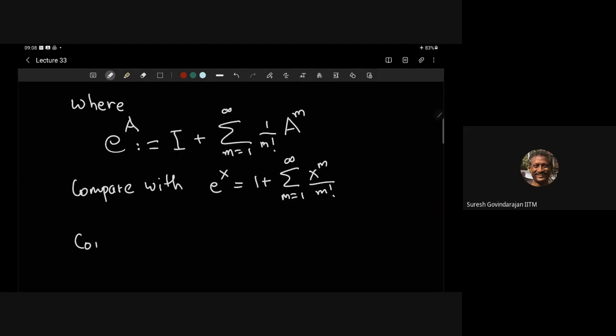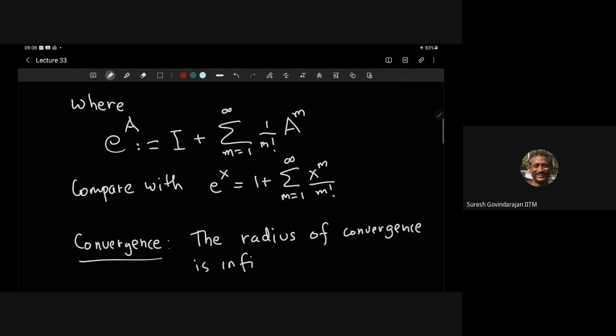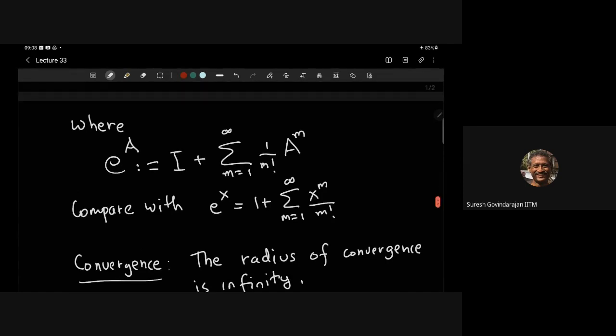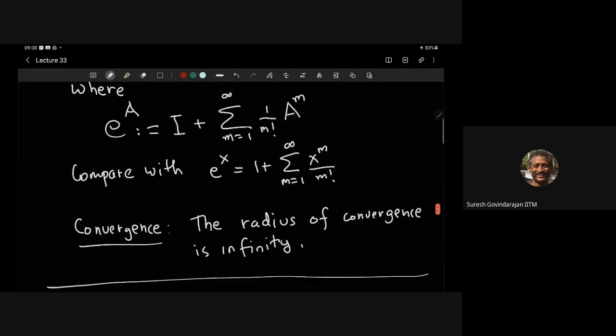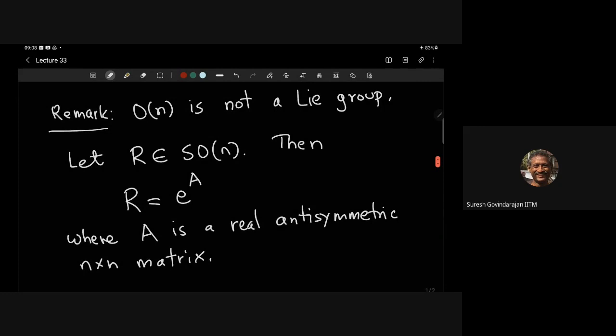Okay, so I'll just mention this. The radius of convergence is infinity. So the claim is that this kind of thing is a convergent power series. Even though we are expanding matrices term by term, as you keep adding more and more terms, it will get closer to the actual value. Okay, so this is the definition. Is this clear? This is a claim that one is making.